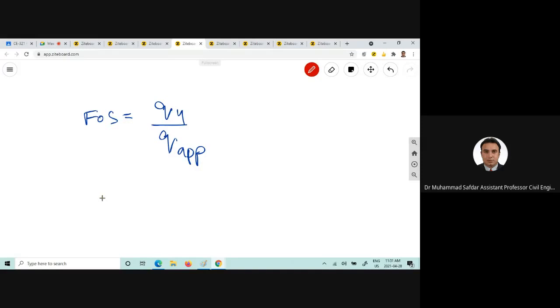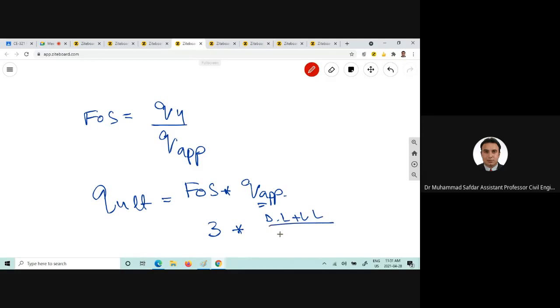Now we can find out the Q ultimate and Q applied, where we know that factor of safety is this much, and how much is the Q applied? So that would be the load, and the load is dead load plus live load divided by the area.